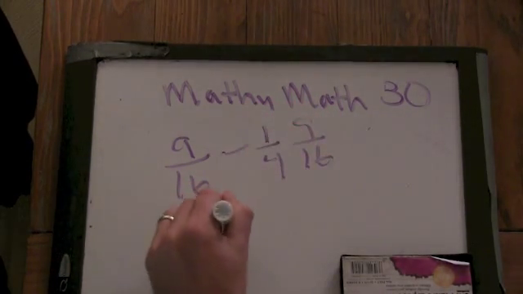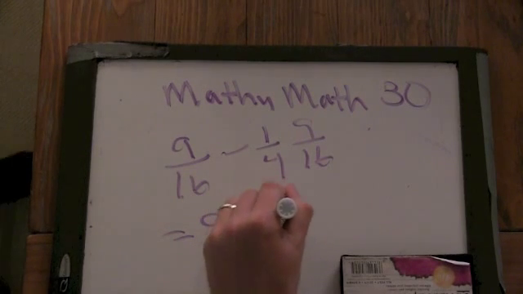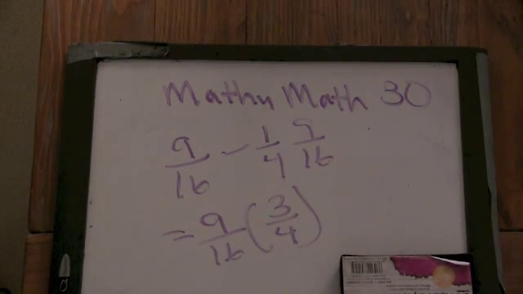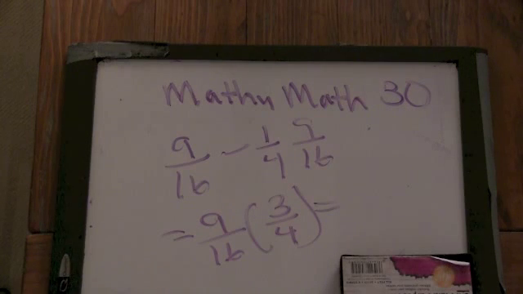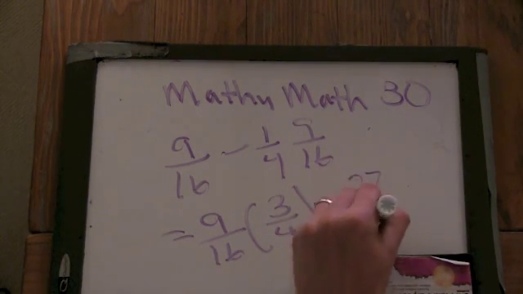So you're going to have 9/16 times 3/4. Yeah. So, that's how it would work. Okay. So the factoring way does the same thing. What is this? This is 27 over 64.